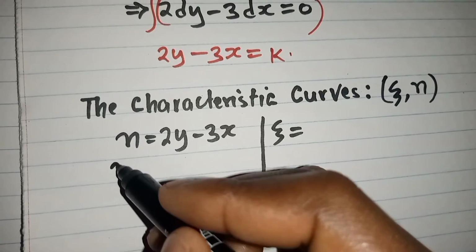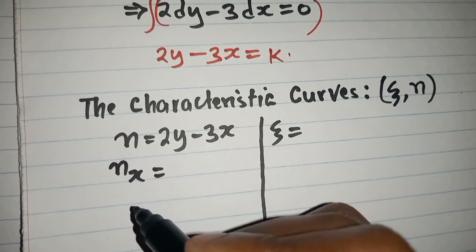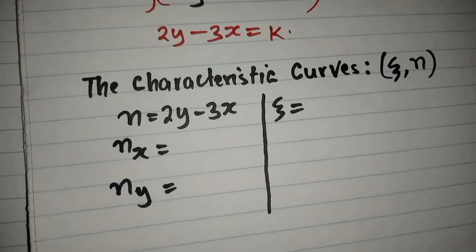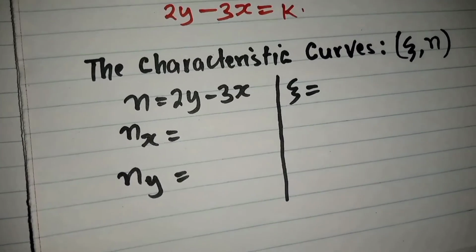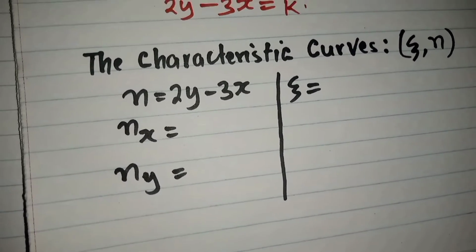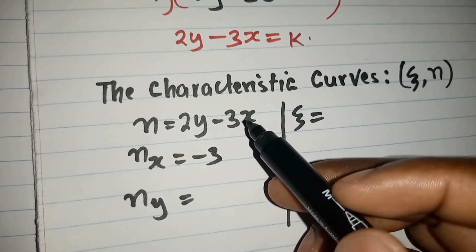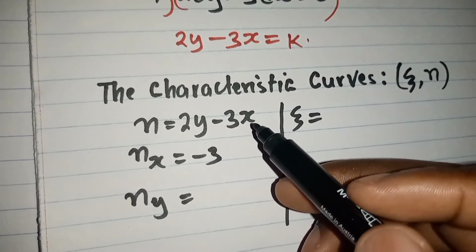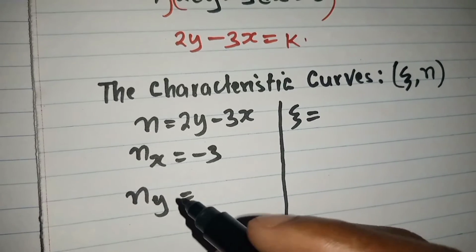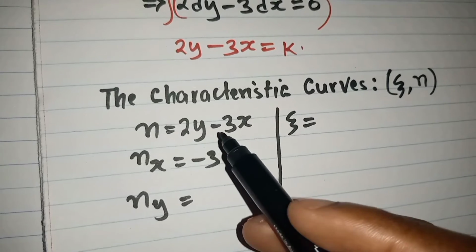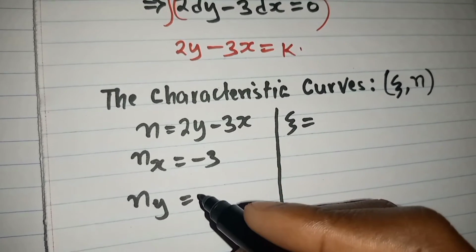So we are going to obtain nu x, and we are also going to obtain nu y. Once we differentiate nu with respect to x partially, we are going to get negative 3. Then when we differentiate nu with respect to y partially, we will get 2.